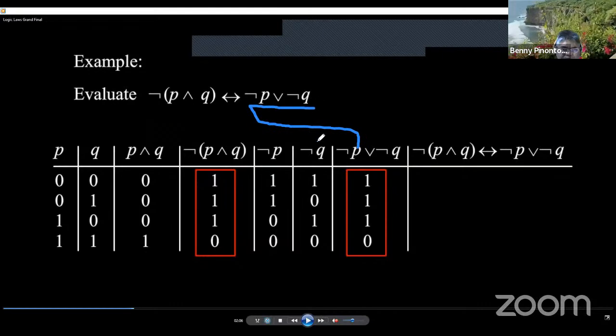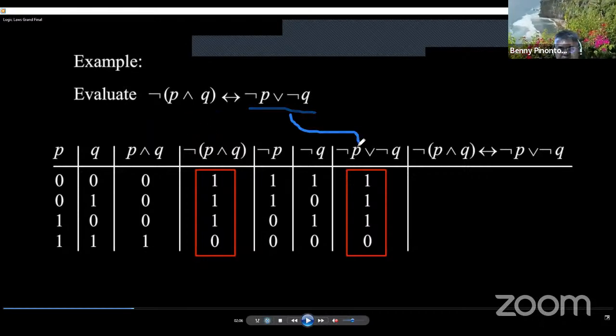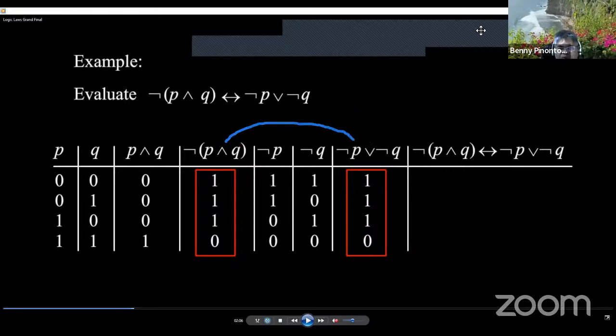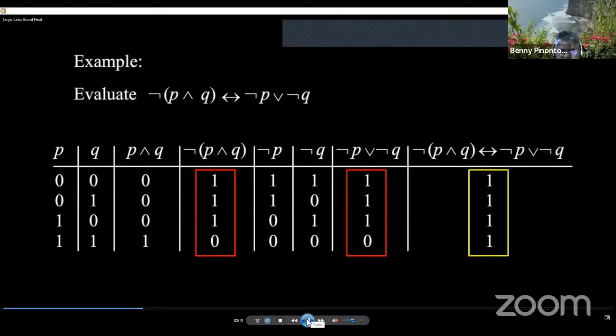You compare the values. If they are the same, then you put 1 there, and if they are not the same, then you put 0. And in case they are all the same, they are a tautology.